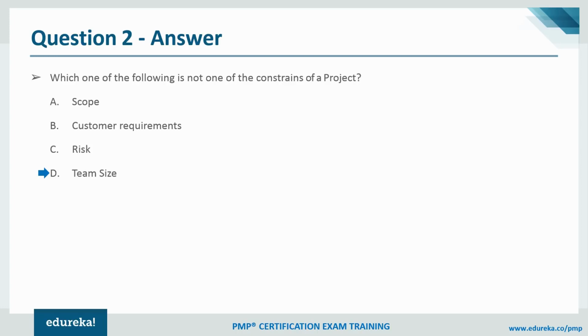Out of the 4 options, you may have your own logic, your own explanation why team size should be a constraint, but you also have to see that you have to choose from these 4 options only. Scope is a constraint, customer requirement is a constraint, risk is a constraint. There are clear-cut constraints there, and the only odd one out here is team size. So the correct answer is D, team size.